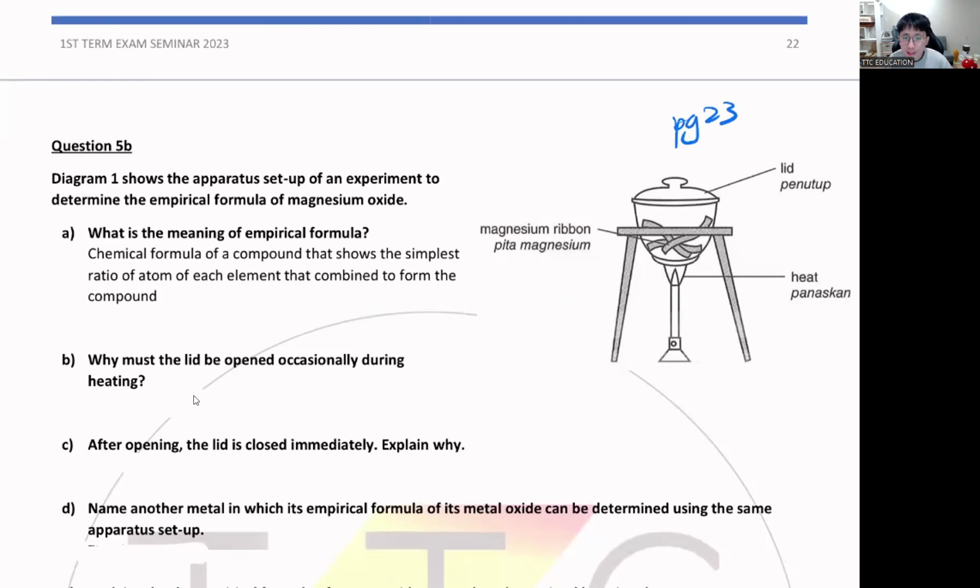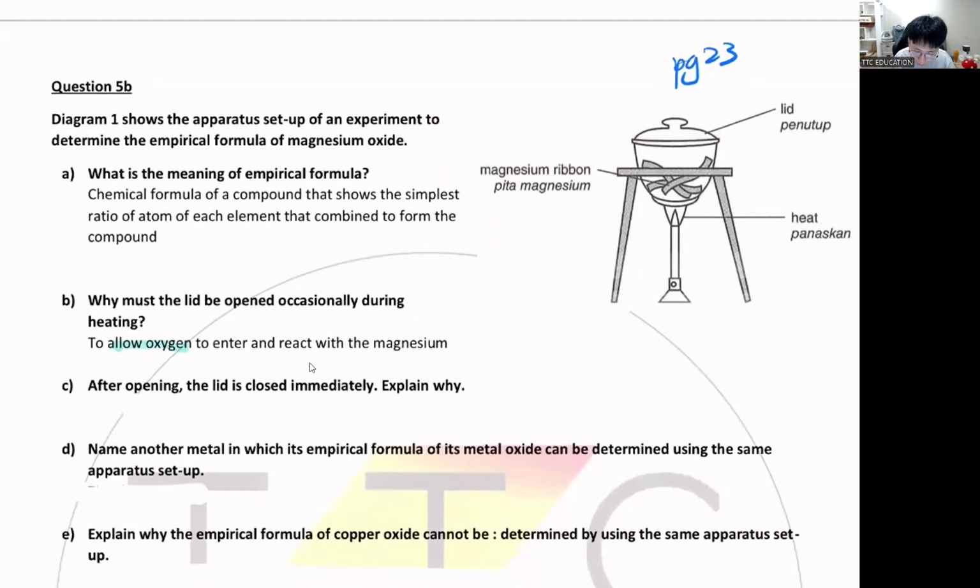Okay, why must the lid be opened occasionally during heating? Occasionally and periodically have the same meaning: you open once in a while. You open to let the oxygen react with magnesium. If you close it all the time, oxygen is not enough. So we say that it is to allow oxygen to enter and react with magnesium.